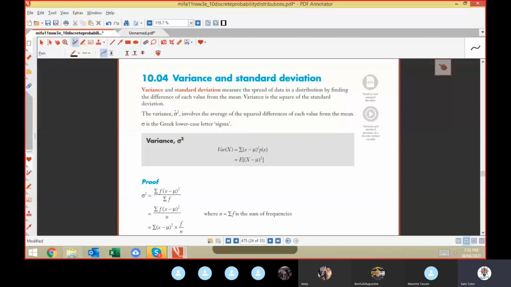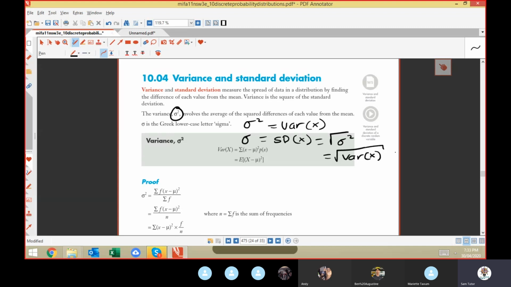So variance, which is this sigma squared. That's variance. Cool. Sigma, just sigma, is the standard deviation of x, which is the square root of variance. So standard deviation is the square root of variance.